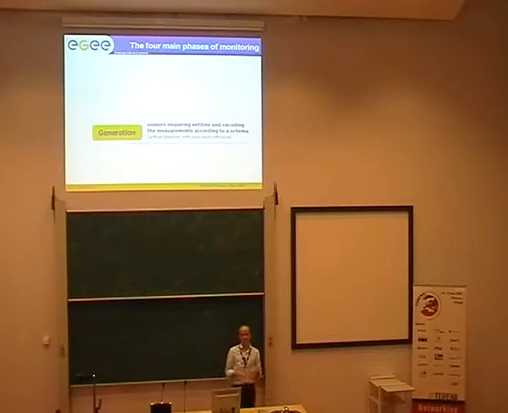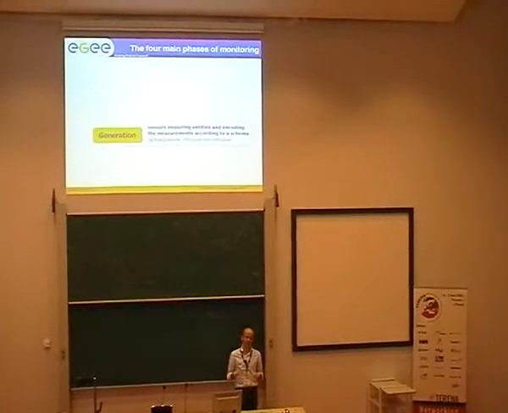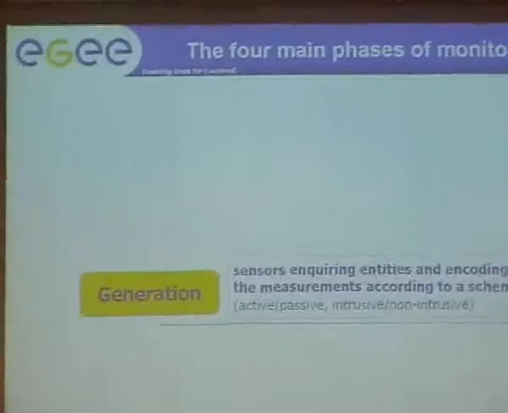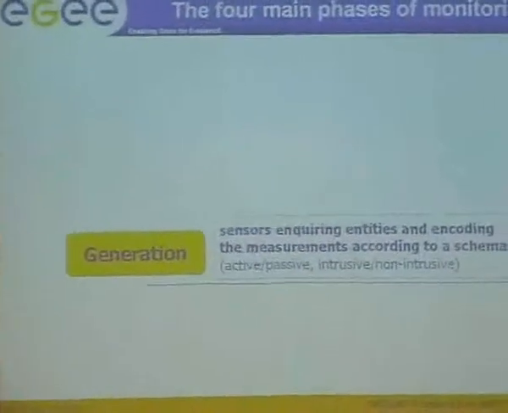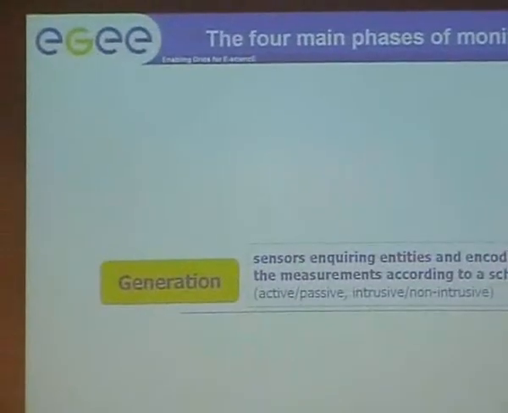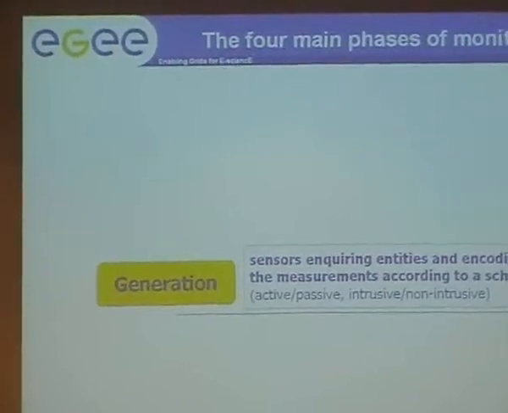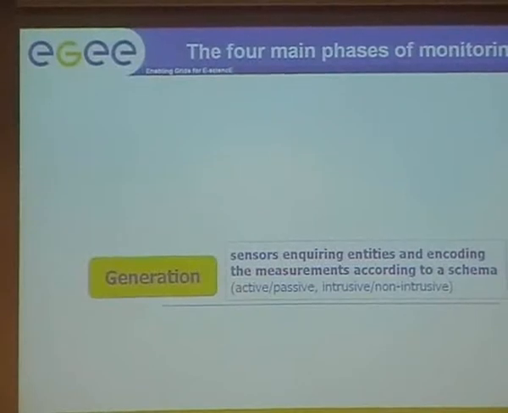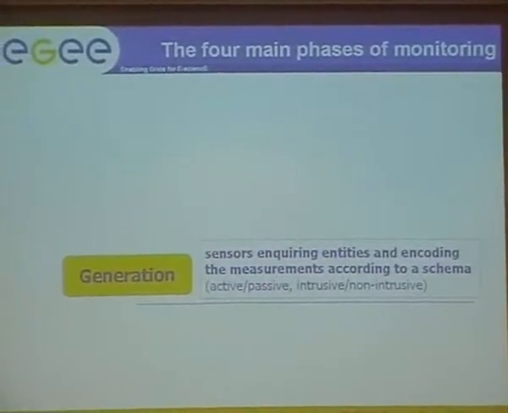Monitoring distributed systems is based on four main phases. The first one is the generation of the events. The generation of events is done by using sensors that run on the target machines. These sensors can be categorized, for example, as active or passive, depending on whether they trigger some activity on the target entity being measured, or, for example, as intrusive and non-intrusive.